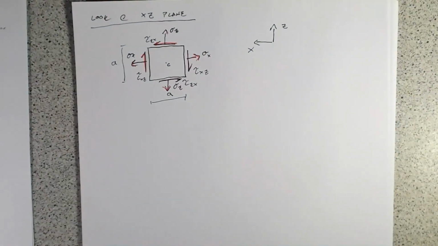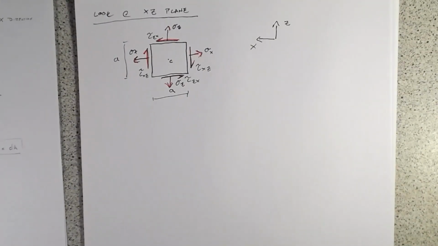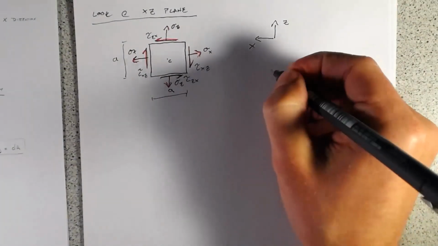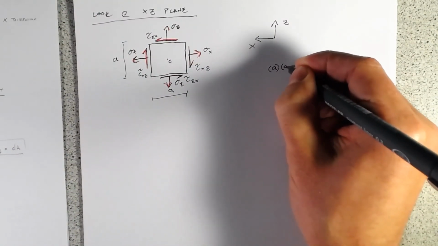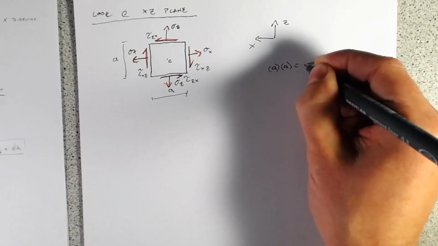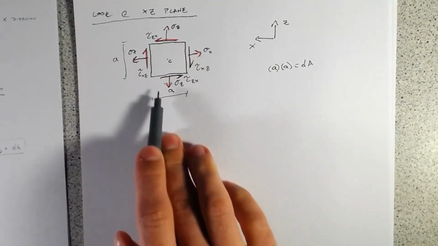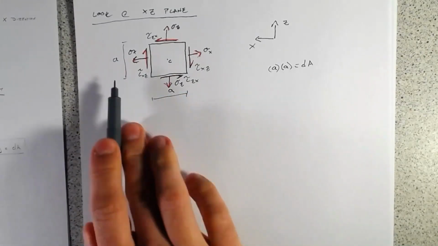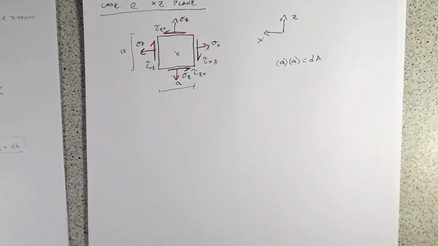So those are all of our potential stresses on this block. The last little definition that you need is that A times A equals dA, the area of this block with sides A. Remember, A is really, really small.